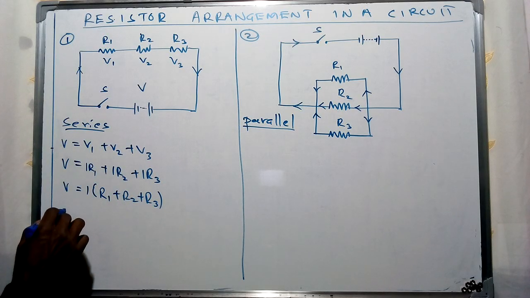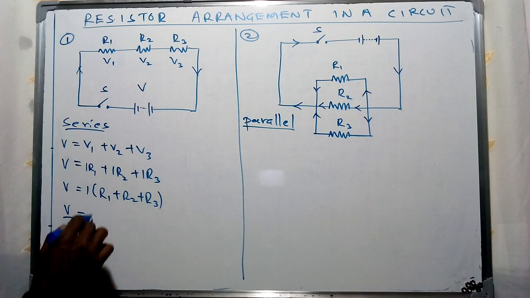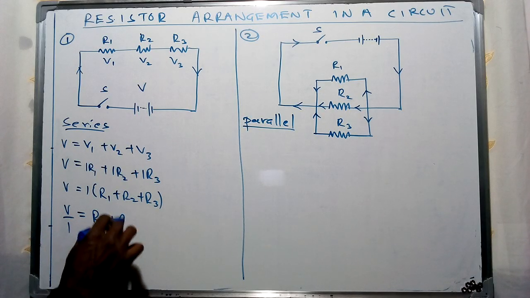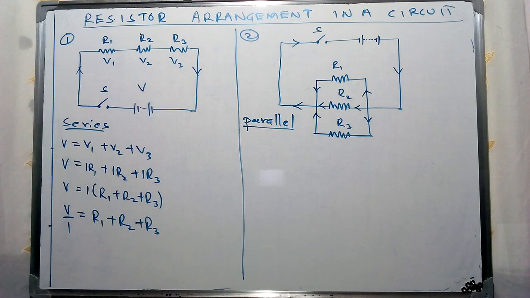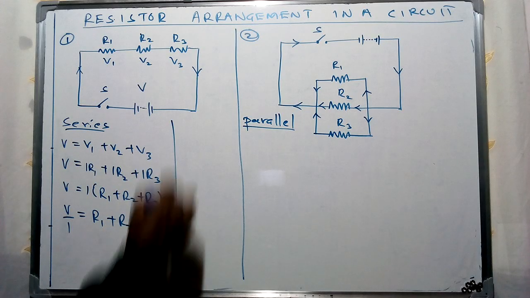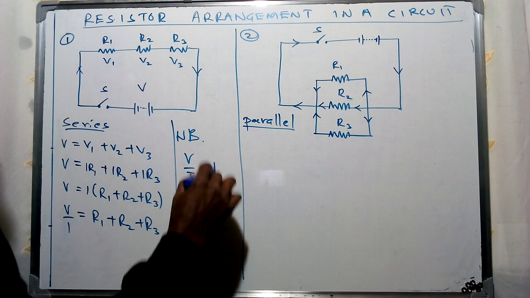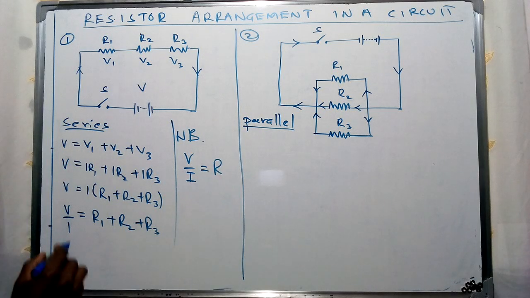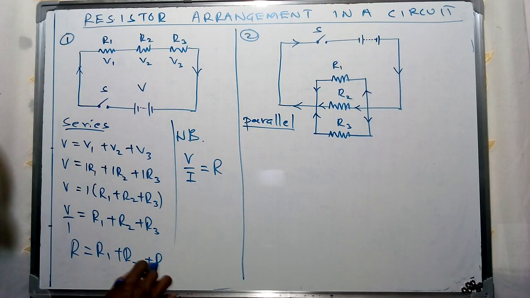And then we have the ratio of V divided by this common factor I, equivalent to R1 plus R2 plus R3. From our previous discussion on Ohm's law, I mentioned that the ratio of V over I gives us resistance. Therefore, we can define the resistance for this series in terms of R1 plus R2 plus R3.